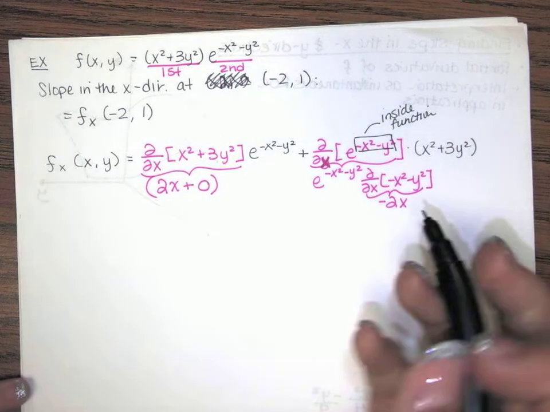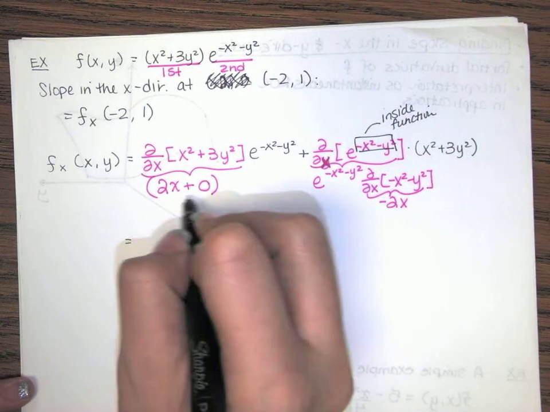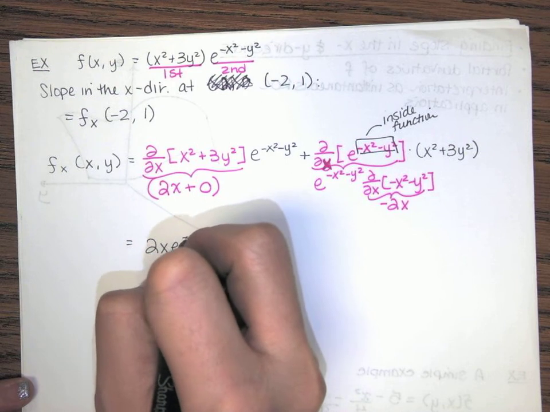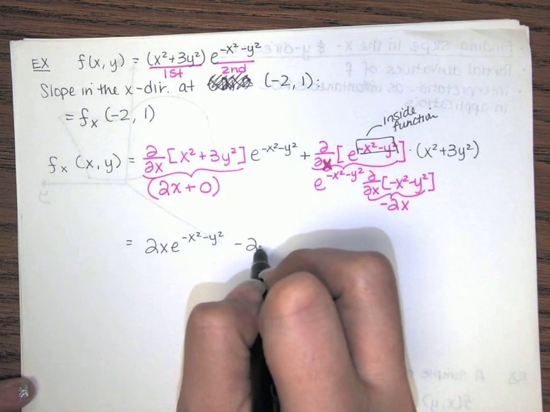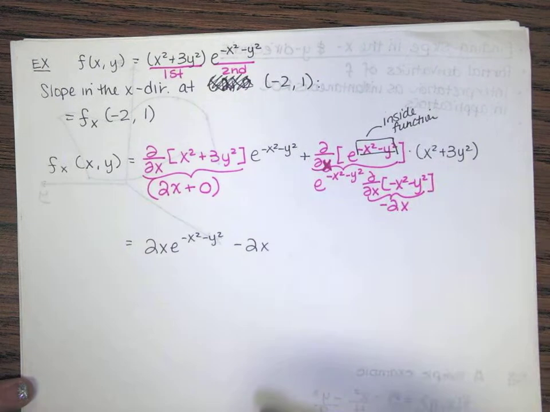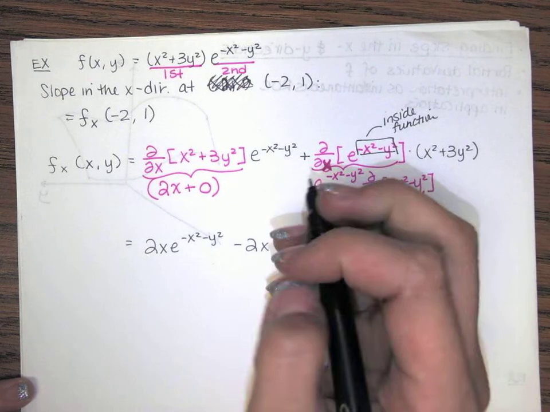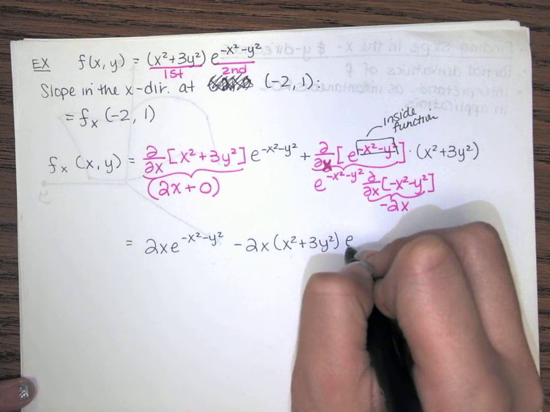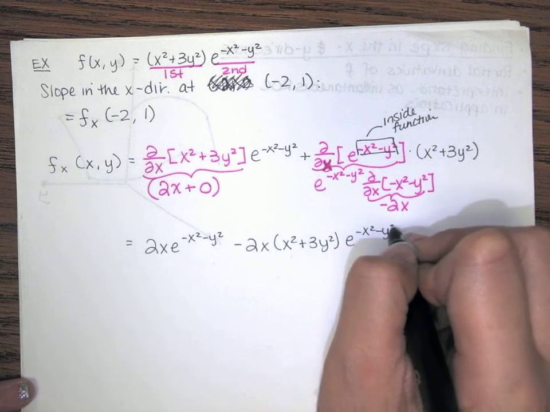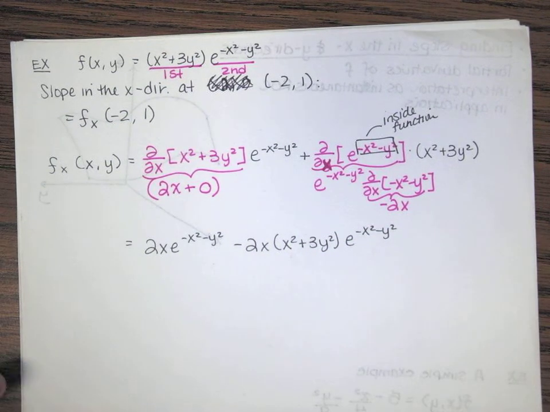So this is our derivative. I've got a 2x times the exponential over here, and a negative 2x times the exponential times that polynomial. I think I'm going to pull that polynomial out front, in front of the exponential. And that's our partial of f with respect to x.